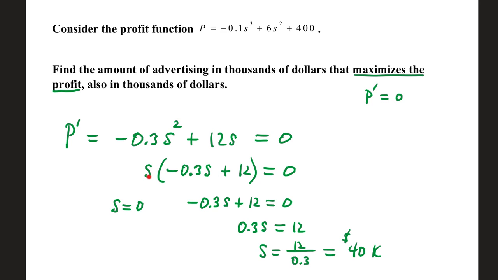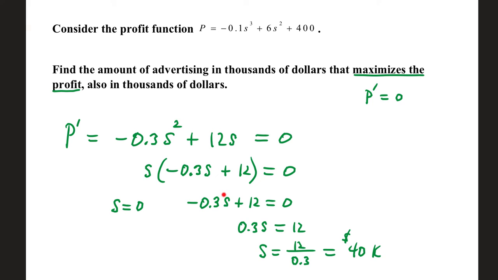If you don't feel comfortable, make sure when you redistribute, you get the line right above it. Set this factor equal to 0. Now this one, s equals 0, we don't worry about it because that would just mean they're not spending anything on advertising.